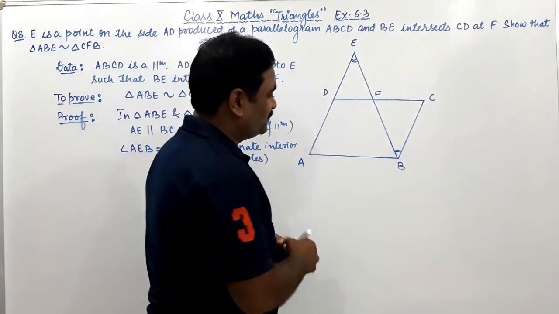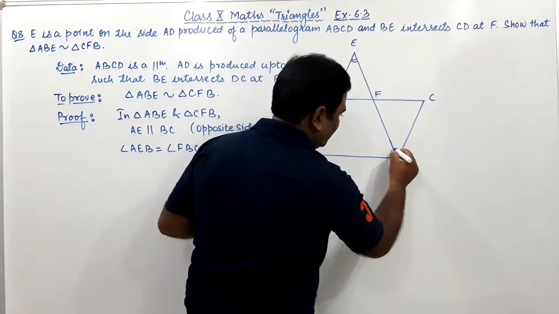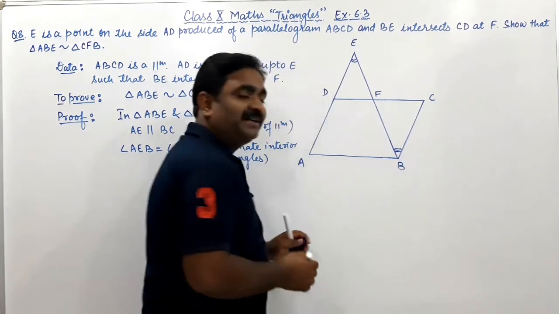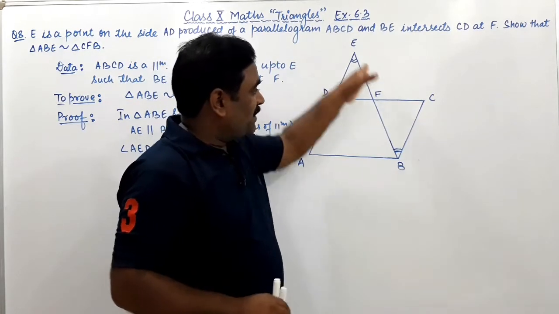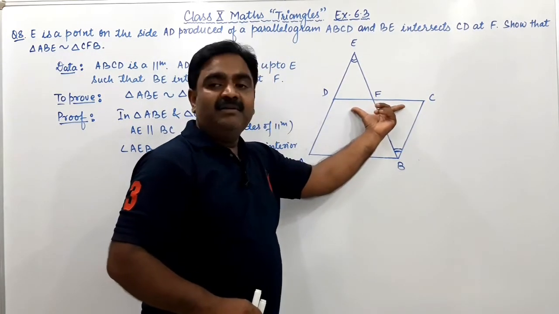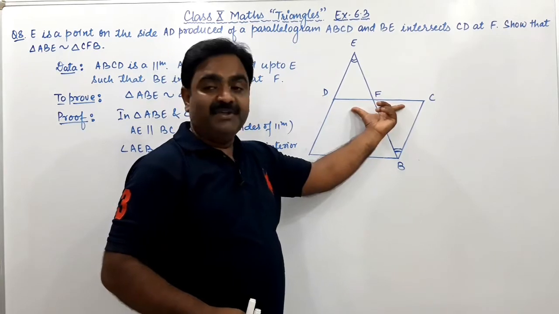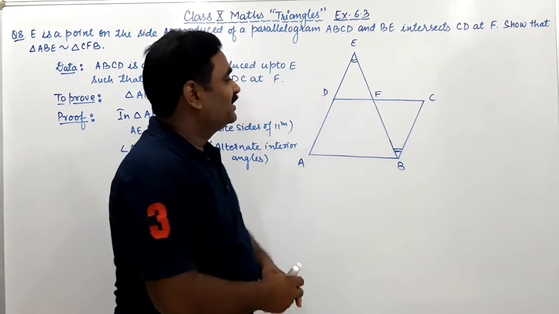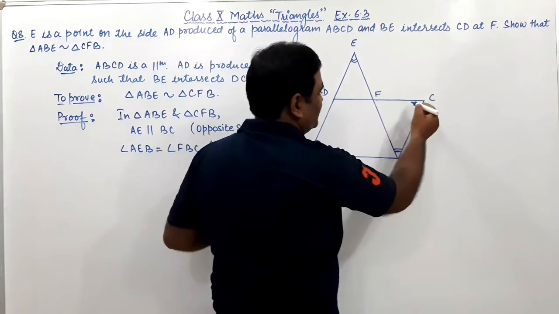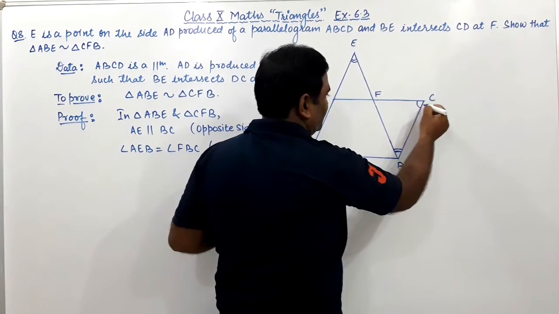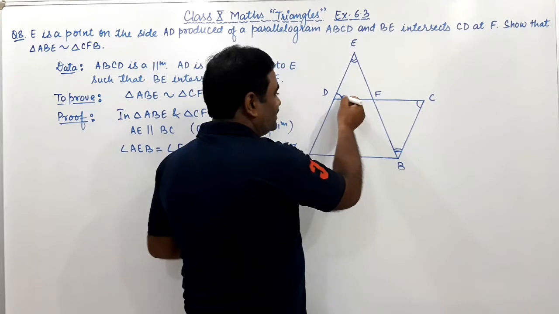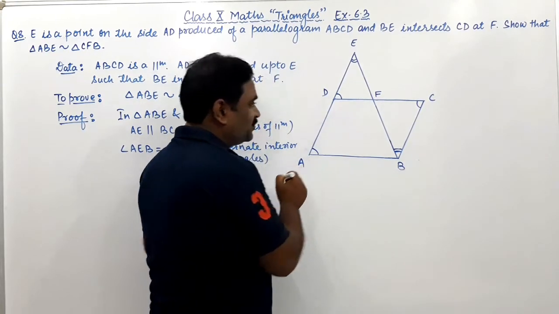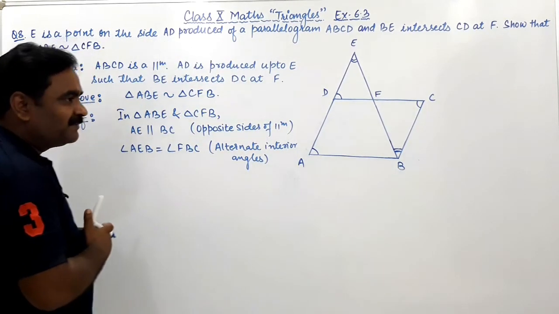Now this angle is equal to this one, which you have written by alternate interior angles. Now once again, this is parallel to this, so DC will be a transversal. If DC is a transversal, then this angle will be equal to this angle by alternate interior angles, and this angle is equal to this angle by corresponding angles, right?